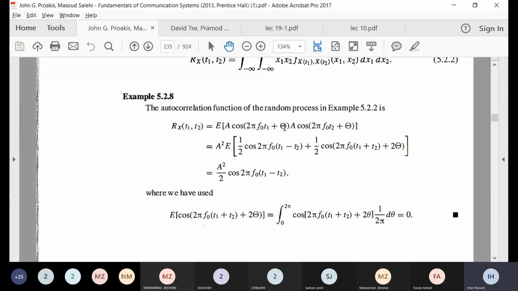So I will say, take the random process and fix some time t1. Take the same random process and fix some other time t2. Take their product and find their expectation. This is the autocorrelation, and you will denote this as Rx, taking 2 times t1 and t2.